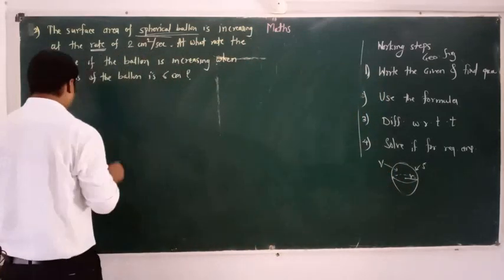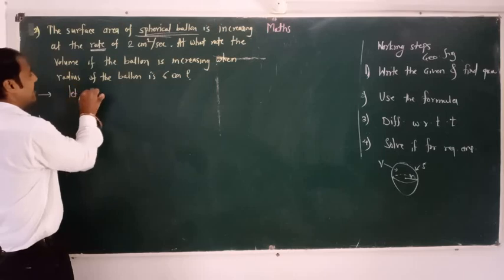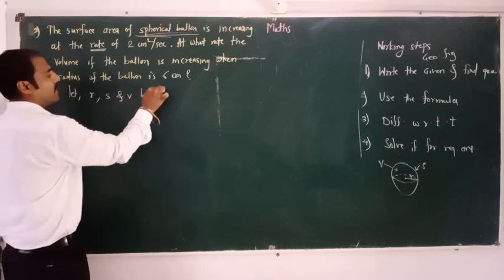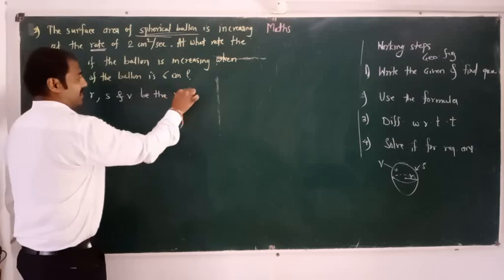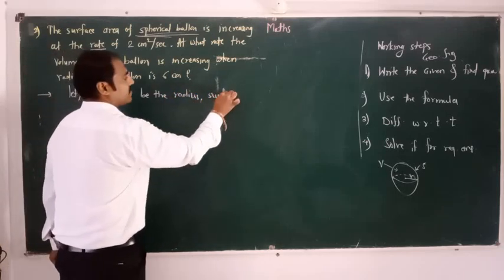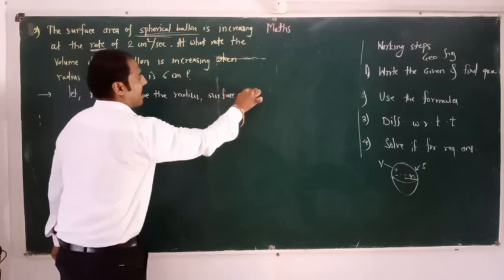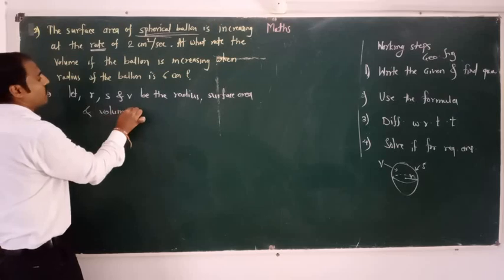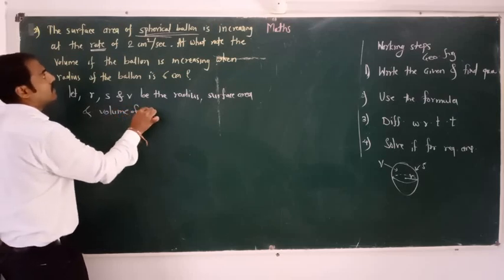So I can start with, let r, S and V be the radius, surface area and volume of spherical balloon.